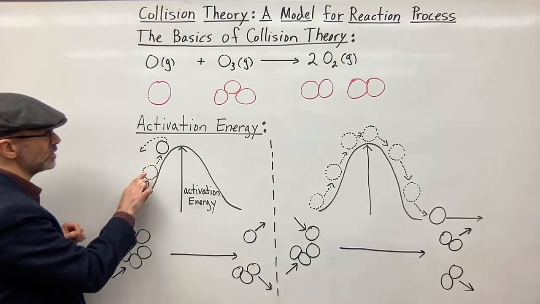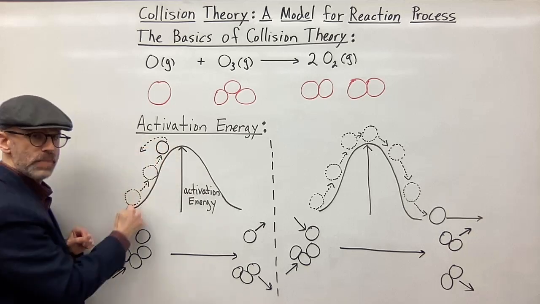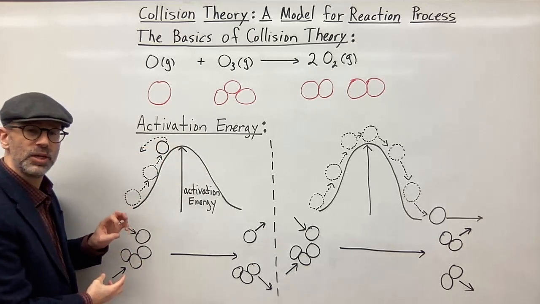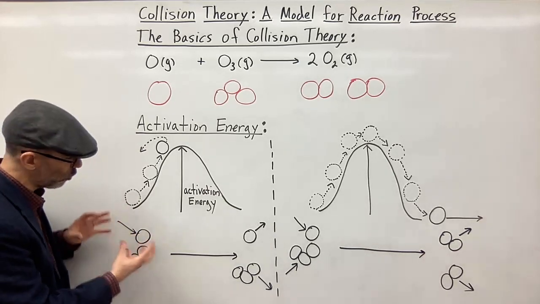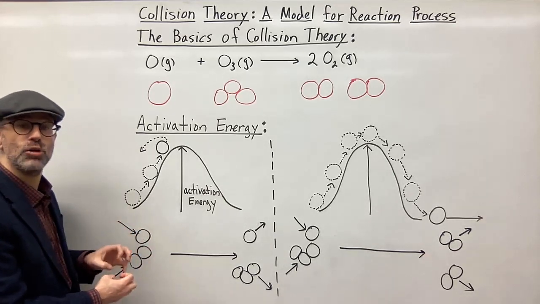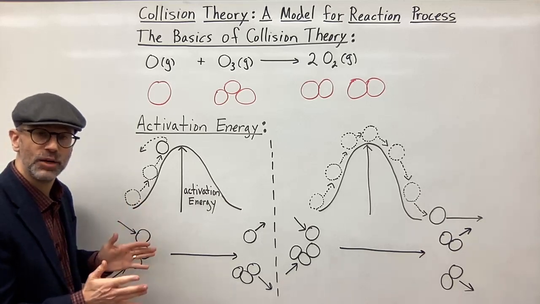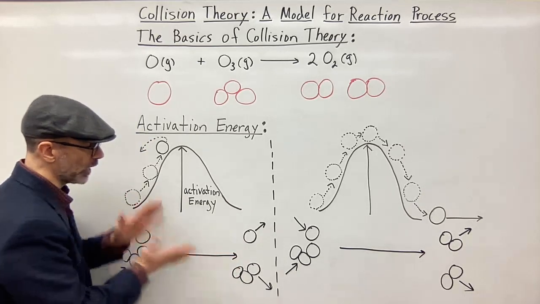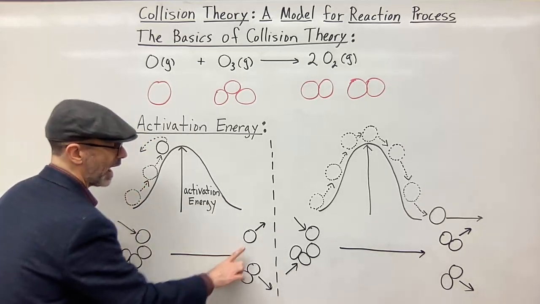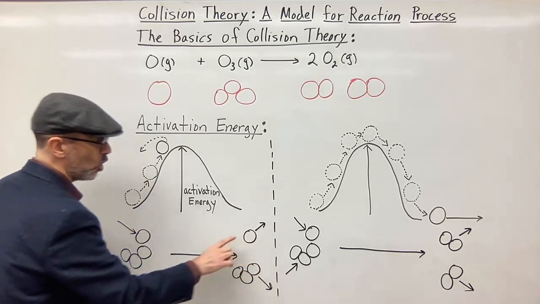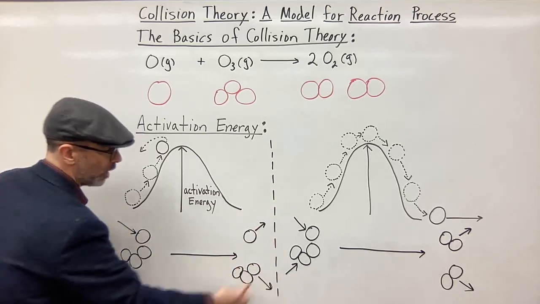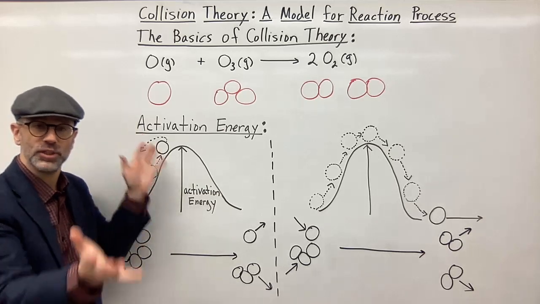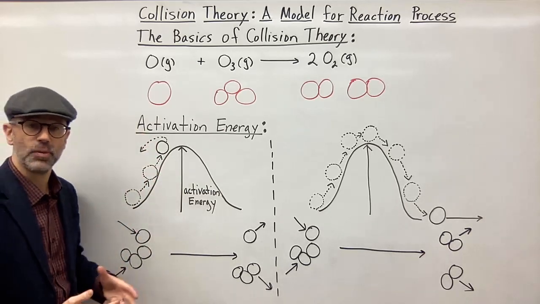Just as the ball goes up to a certain height, it rolls back down. You might get a partial bond being broken, a partial bond being formed, but it's not enough to break the bond fully, to form the bond fully. So then they end up just ricocheting off of each other. The atom goes back, the molecule goes in the opposite direction. So they just bounce off each other without forming any products.